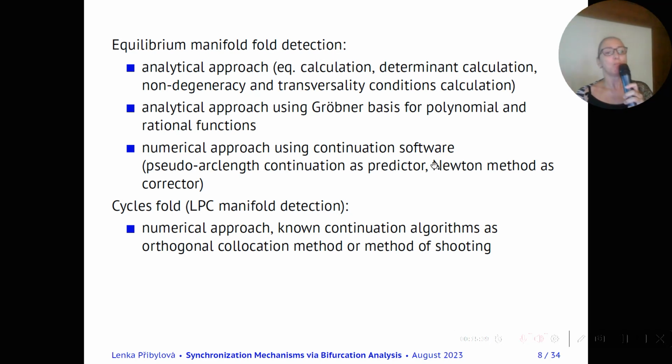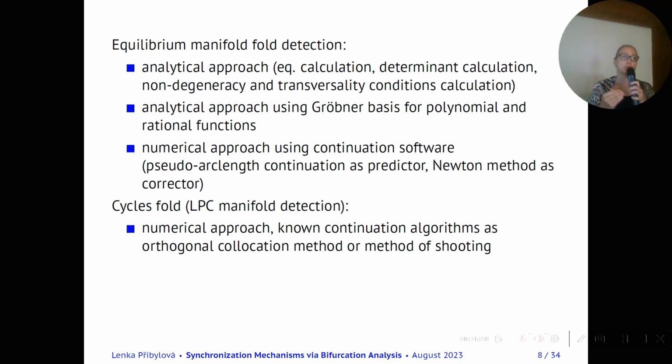That's enough. Moreover, when we are seeking folds of the branches of cycles, it's not easy to draw, because when you have a cycle in 3 dimensions, for example, and you add another dimension as a parameter, you are in 4 dimensions. So it's not quite easy. But we also found some ways to visualize this.